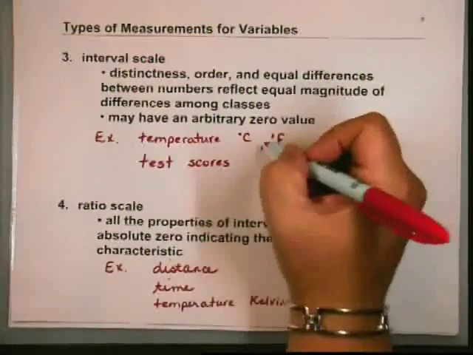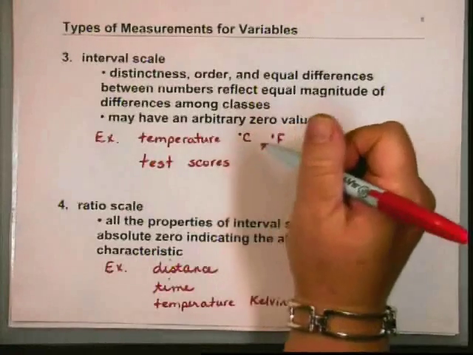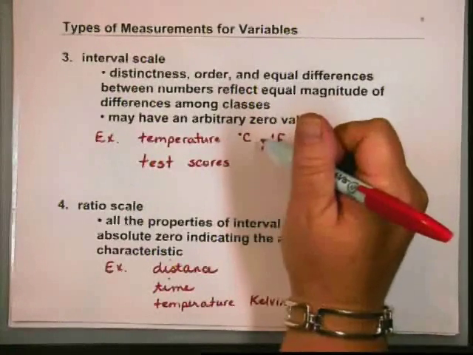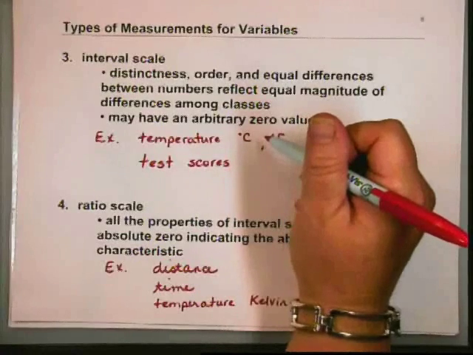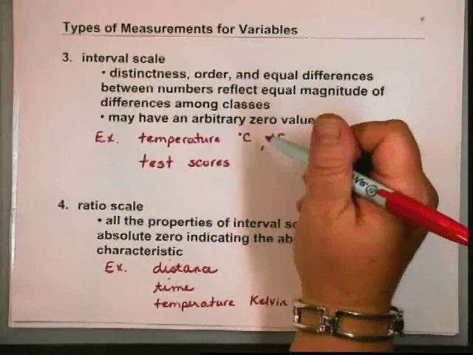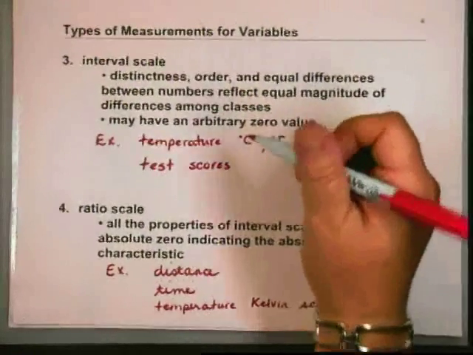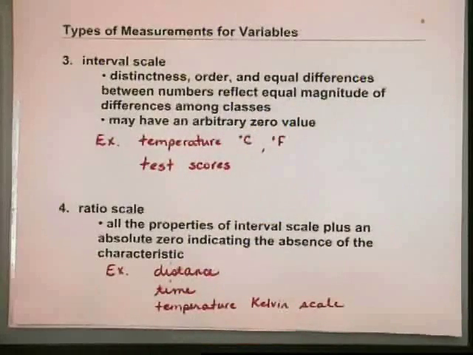Now, when I look at temperatures up here, if I talk about 30 degrees versus 60 degrees on either of these scales, that doesn't mean that it's twice as warm at 60 degrees. Not when the concept of heat. That's not what that means. It's just an arbitrary way of measuring the temperature. So ratio scale, then that ratio, it's twice as large, it's 3 times as large. That ratio makes sense if you have an absolute 0. Okay?